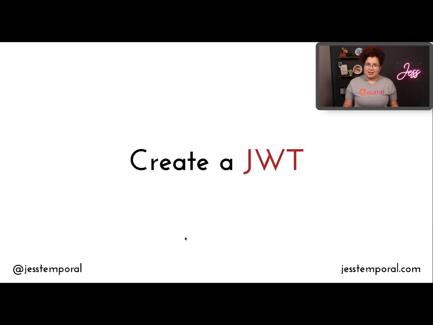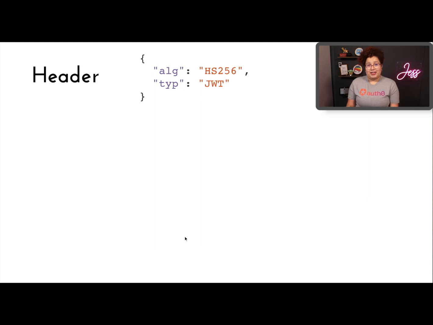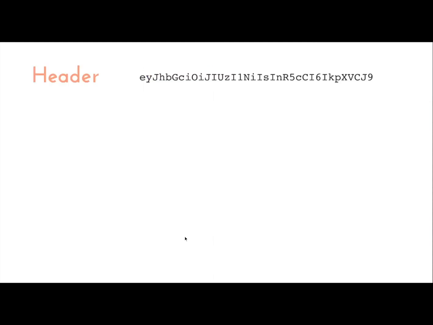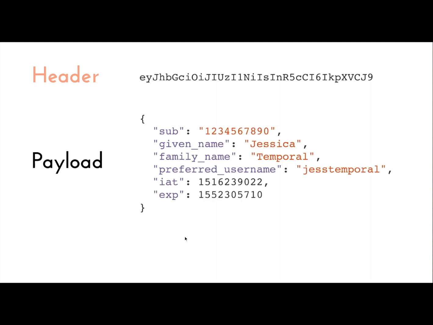Now, let's create a token together. Why not? The first thing we are going to do is take the header of my token, which contains the information about the token itself, and encode it into a base64 string that would look like this part. Then we can take the payload data and also encode it into a base64 string, and that would look like this.